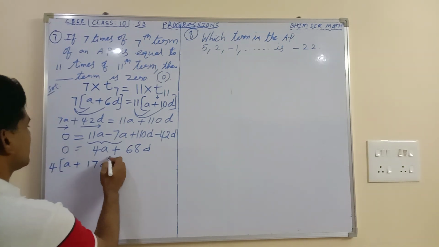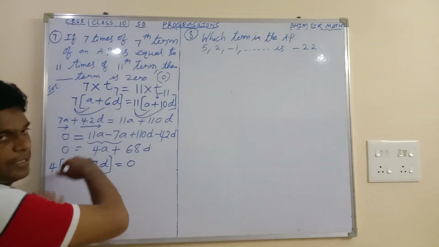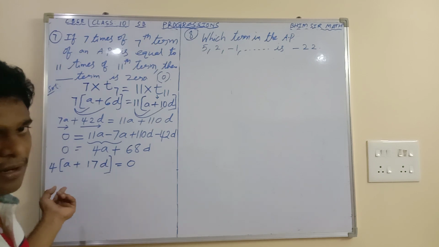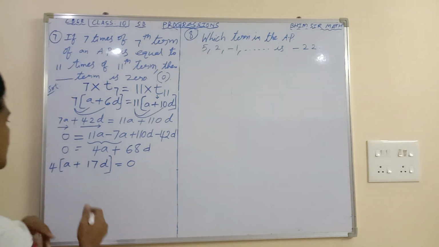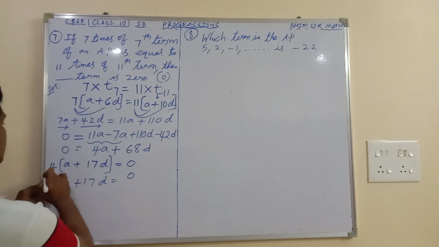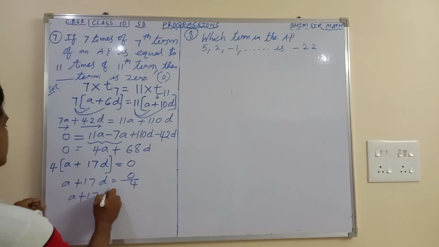So that is nothing but 4 into A plus 17D equal to 0. Changing the sides, left hand side and right hand side are interchanged here. Now A plus 17D equal to 0. This 4 will be divided, so A plus 17D is 0.